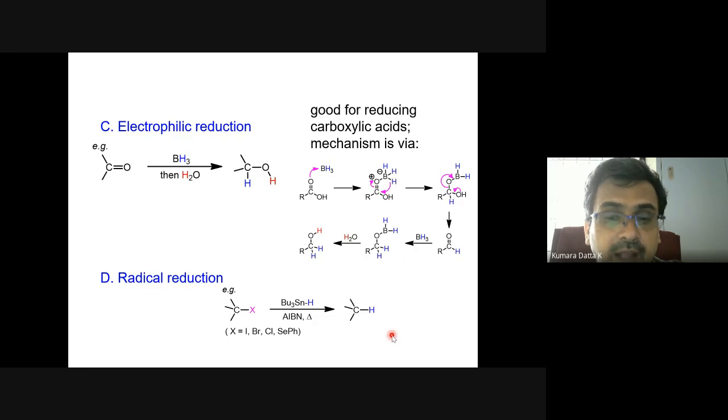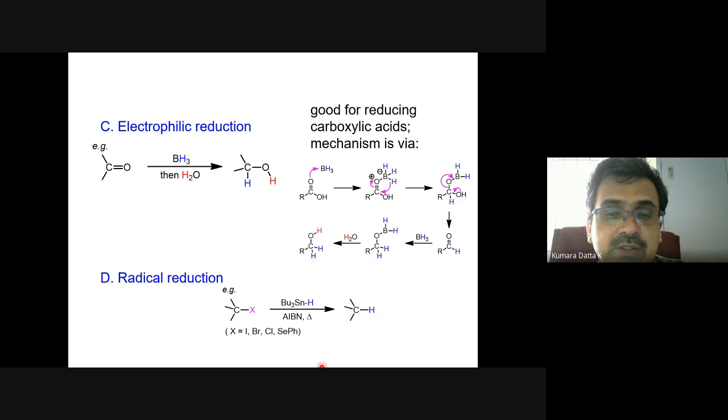Also, we can have radical reduction reactions. For example, with tributyltin compounds and an AIBN catalyst, when we heat slightly, we get replacement of a halogen, or a leaving group, with hydrogen.